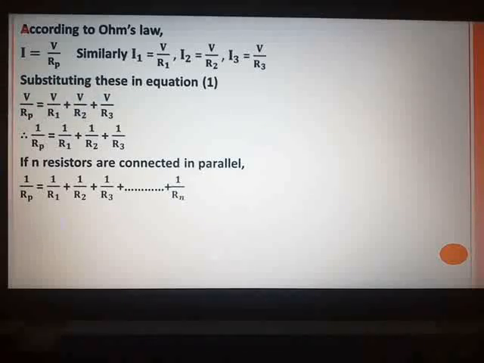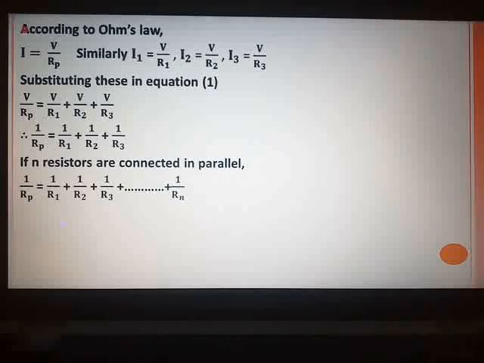V on either side will get cancelled. So your final formula is 1 upon Rp is equal to 1 upon R1 plus 1 upon R2 plus 1 upon R3, and for n number of resistors, it will be 1 upon Rn. Both these derivations you have to study carefully. The formula you have to remember for solving the numerical examples ahead.